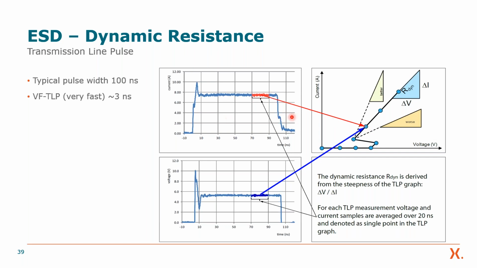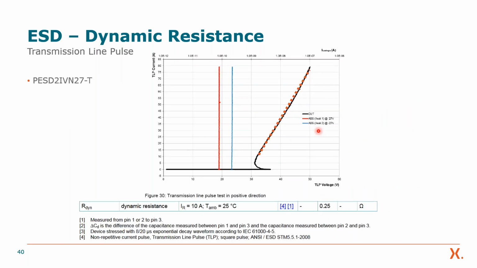The length of the pulse is comparable to an ESD event. If you want to look at the first peak, you can use the very fast TLP to characterize it the same way. You will also get a plot like this. This is the result for a realistic device, the one you saw before. Here, the device is very high ohmic and low capacitance.